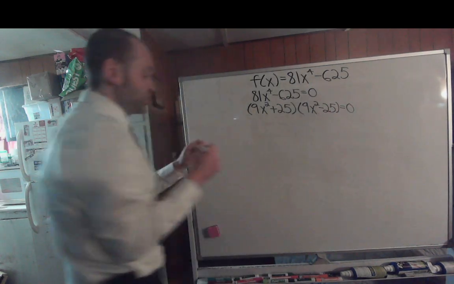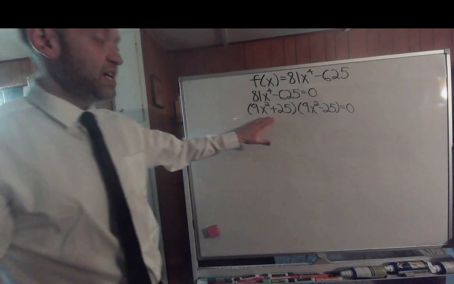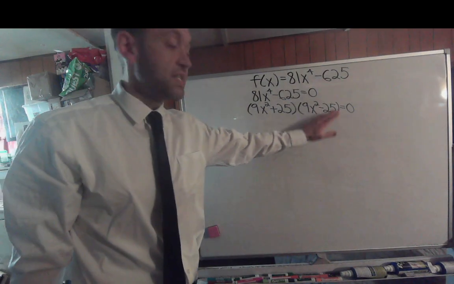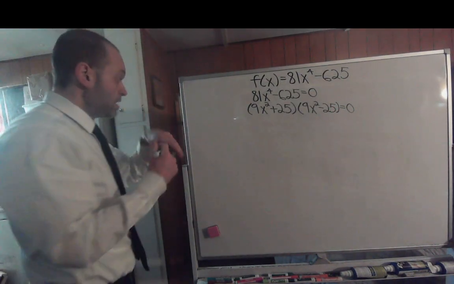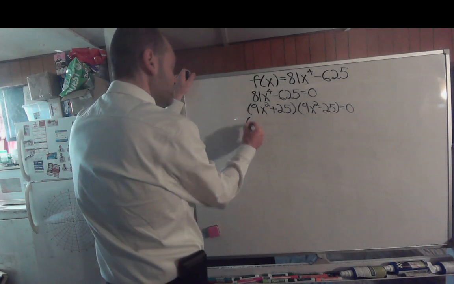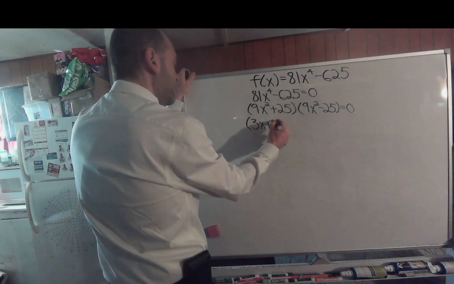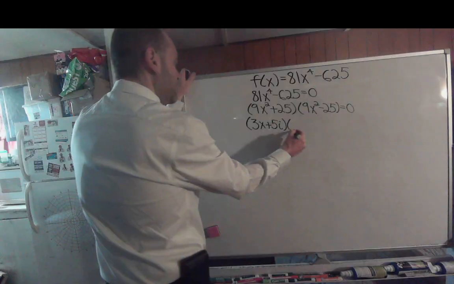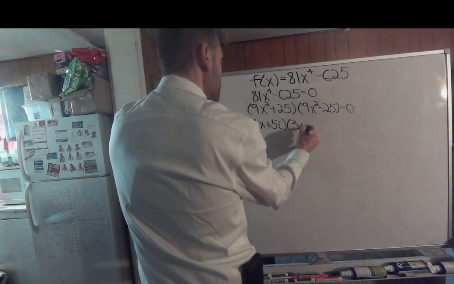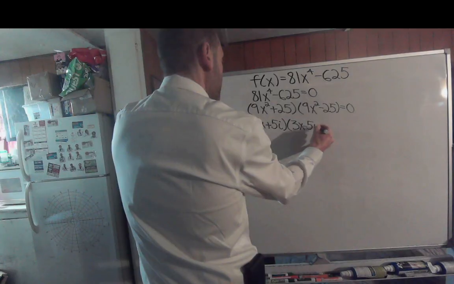So you have 2 factors, one of which is a sum of 2 squares, one of which is a difference of 2 squares. So that 9x squared plus 25 would factor into 3x plus 5i times 3x minus 5i.